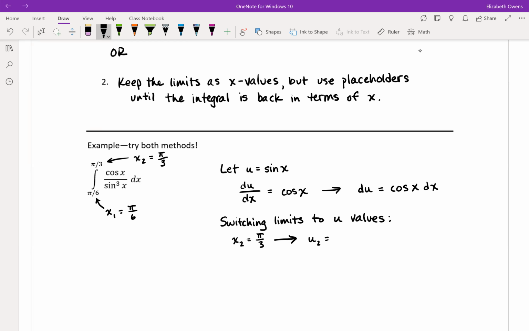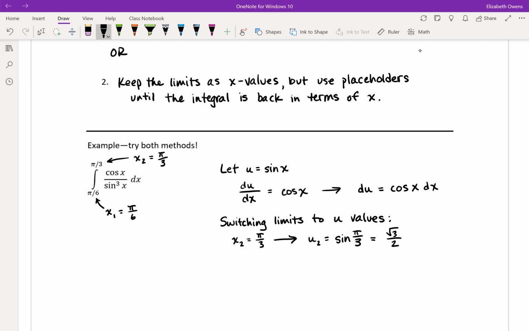There is a nice convenient equation for this, our u substitution equation. u is the sine of x, and here x is pi over 3. So u2 is going to be the sine of x2, pi over 3. And the sine of pi over 3, brush off your trig, is root 3 over 2.